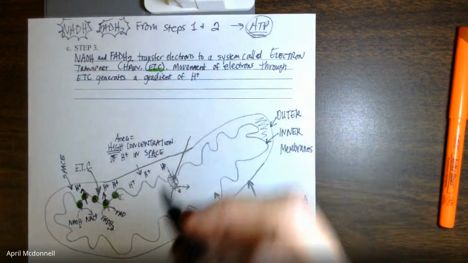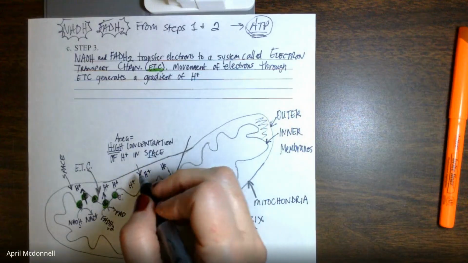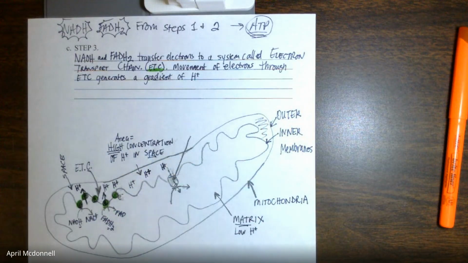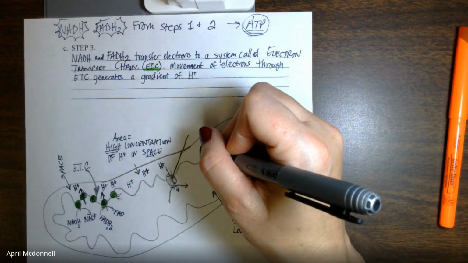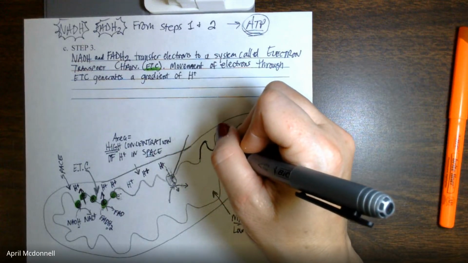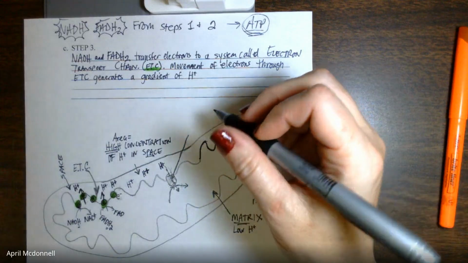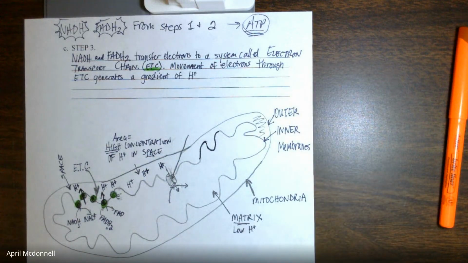However, the hydrogen ions have a little positive charge, which you can see right here. And anything that is charged is not going to pass through a membrane very easily because membranes are kind of oily and oils don't like charged substances.